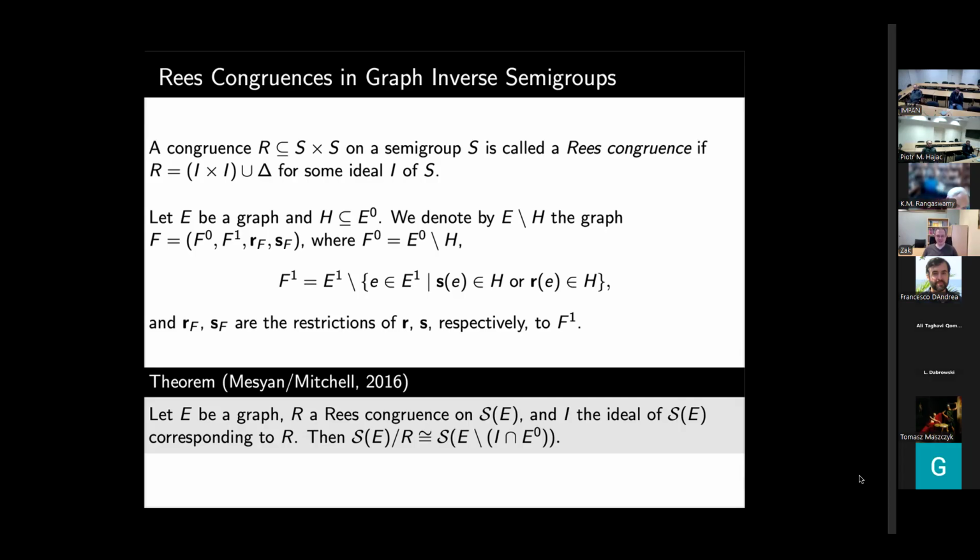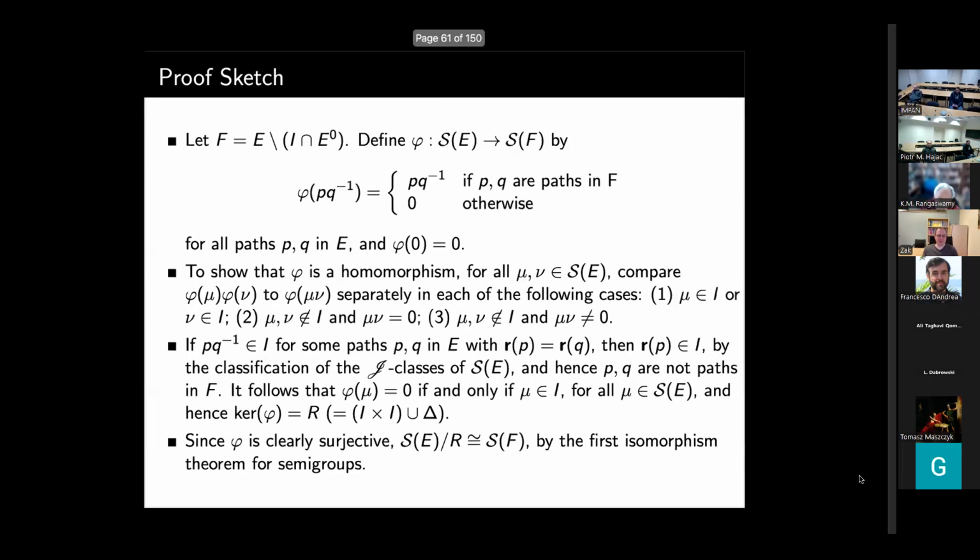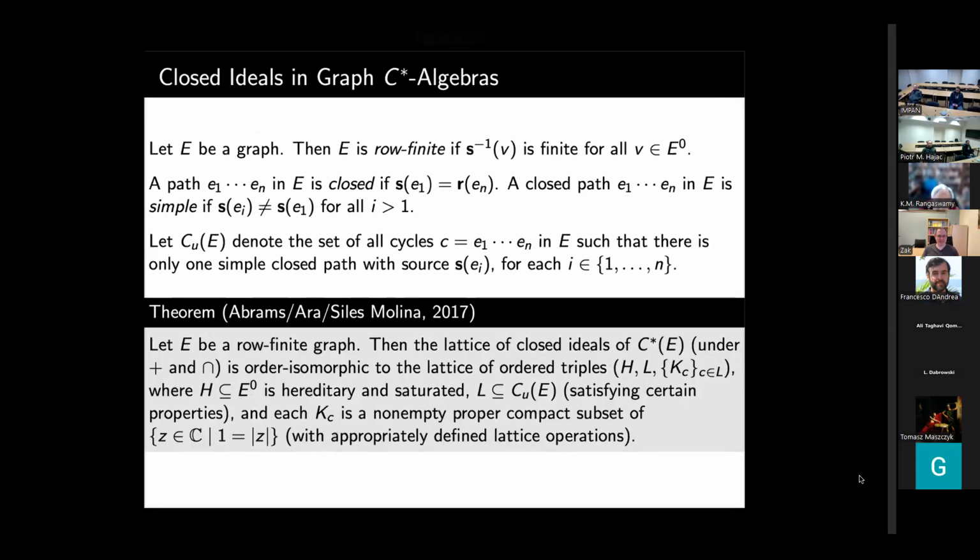You just pass to a subgraph, and the quotient is isomorphic to the graph inverse semigroup of that subgraph. Again, when we proved this, we really weren't thinking about the graph C-star algebras or the Leavitt path algebras. It just came out, and I think it's amusing that it has the same form. So the proof looks different. I don't want to go into it, but I want to show you a couple of other examples of this phenomenon.